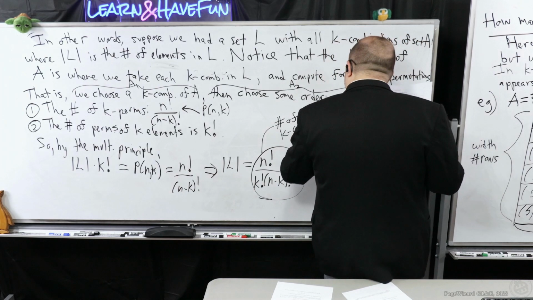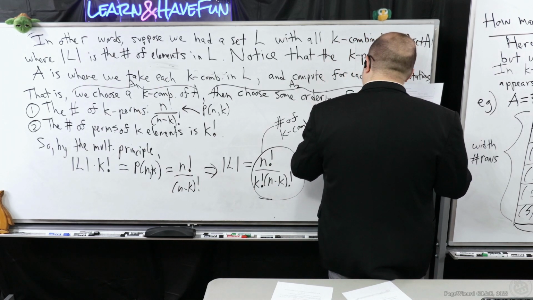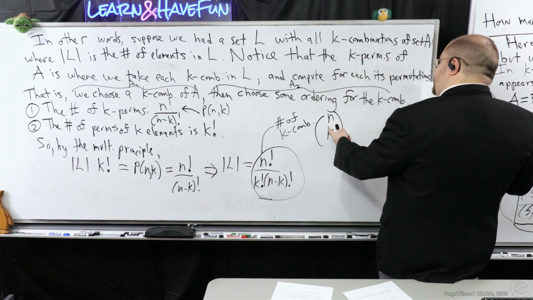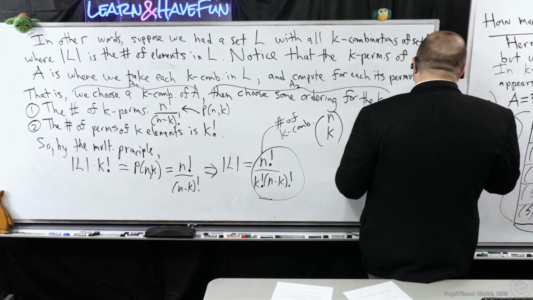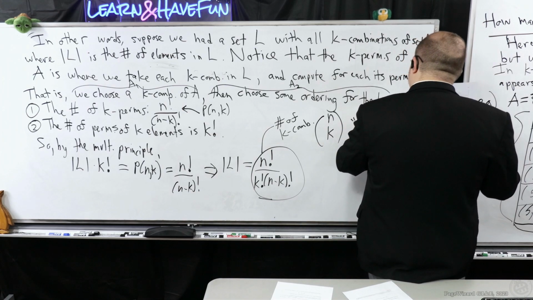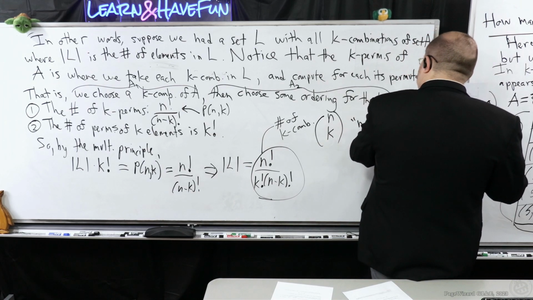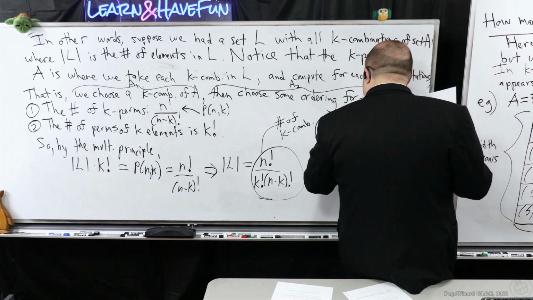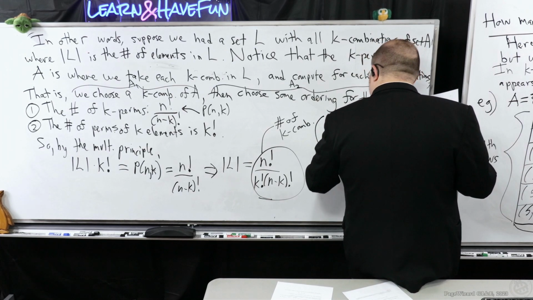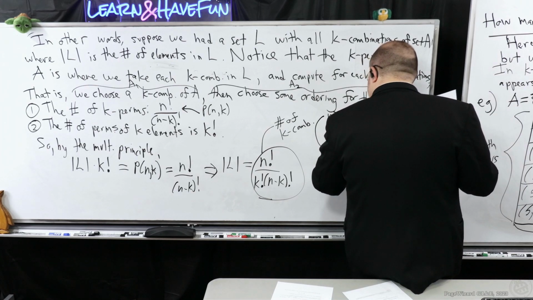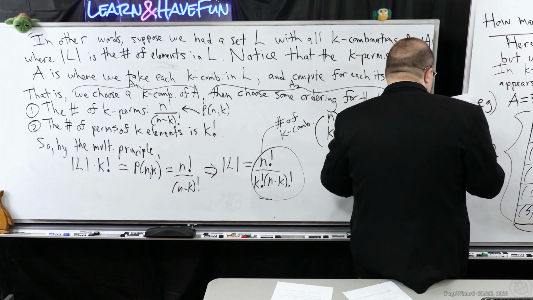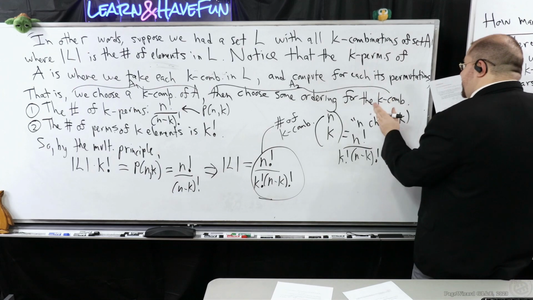And it's denoted like this. This is often read as n choose k. Specifically, n choose k is equal to n factorial over k factorial times n minus k factorial.